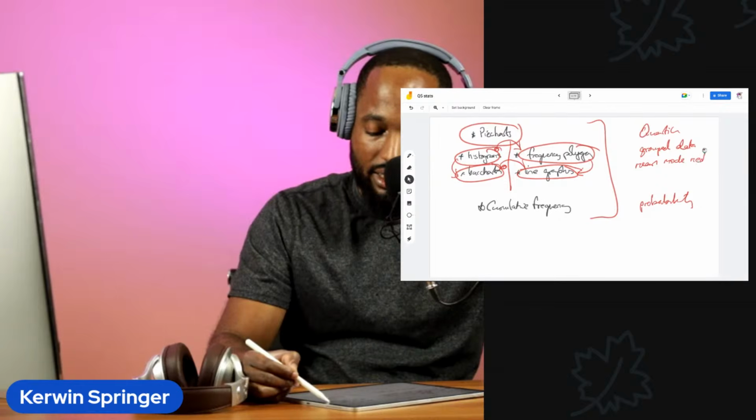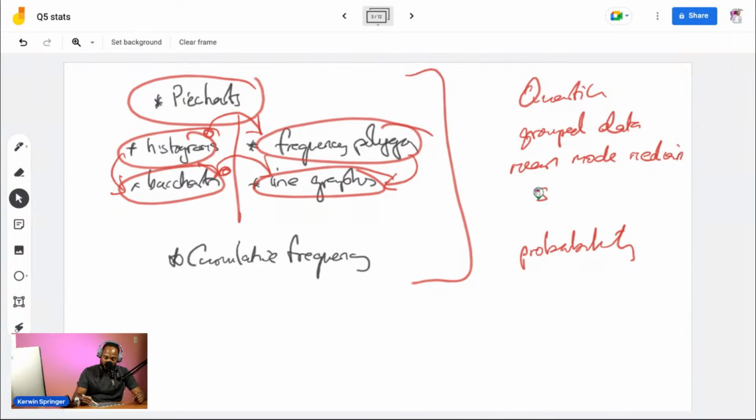You could be asked to explain standard deviation, SD. So we have a bunch of different things that they could push at you with statistics. If you want to see some stuff on statistics, just look up Cohen Springer Statistics online.